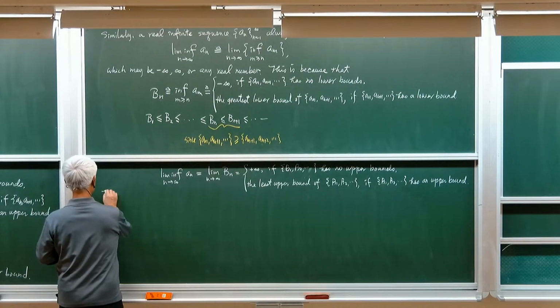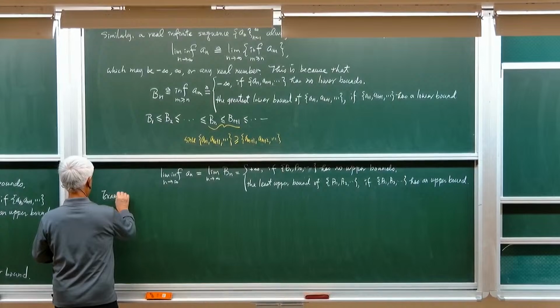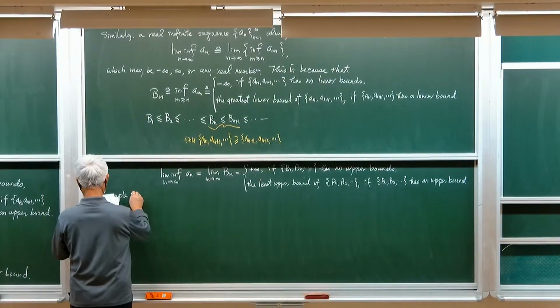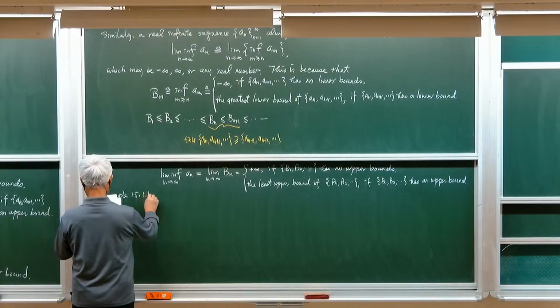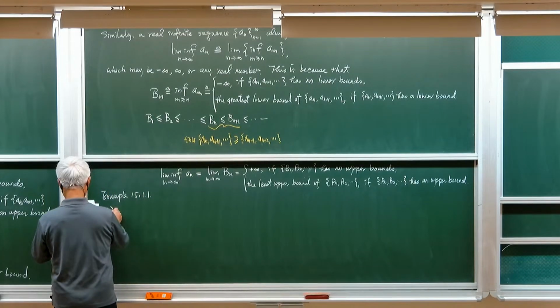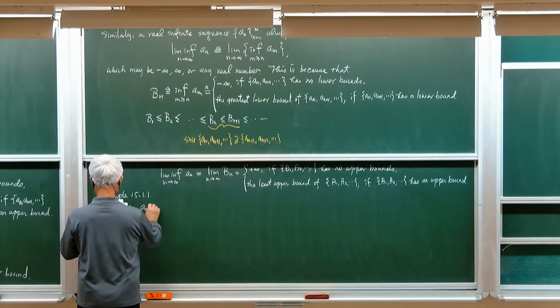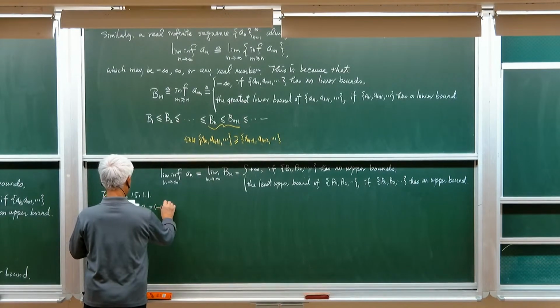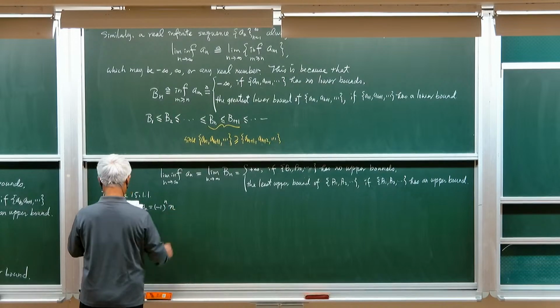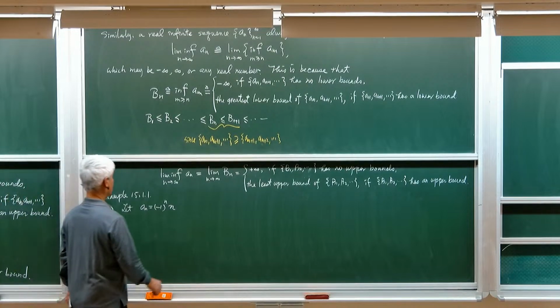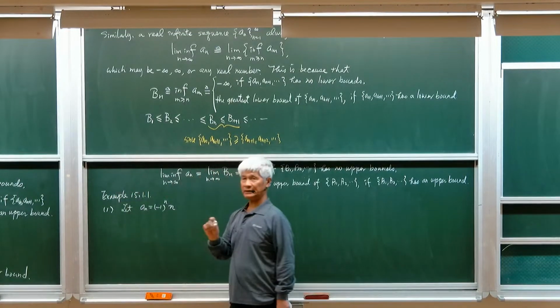All right, so let's take several examples. The first one. Let An be (-1)^n n here. So this is an alternating sequence.